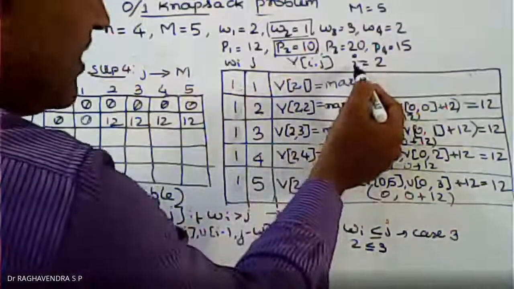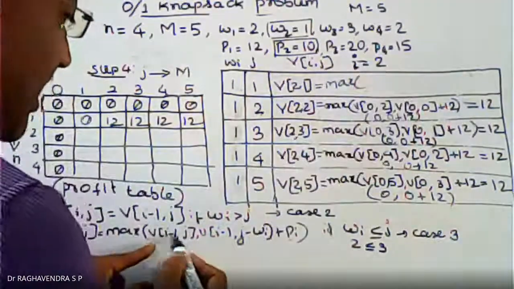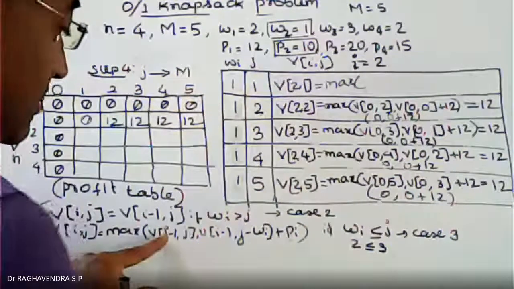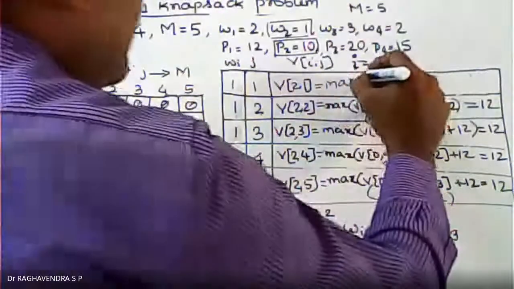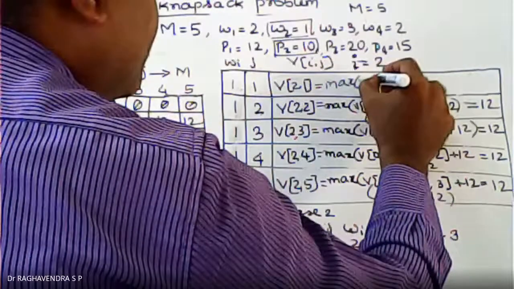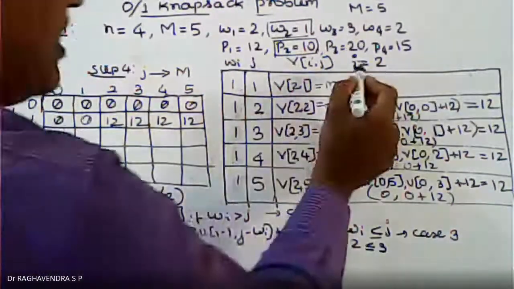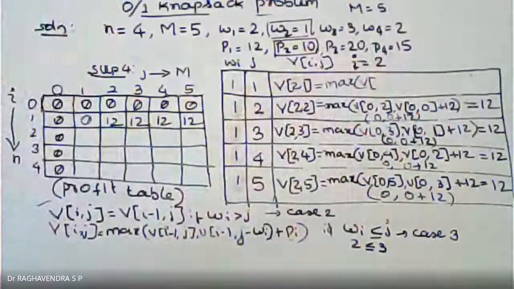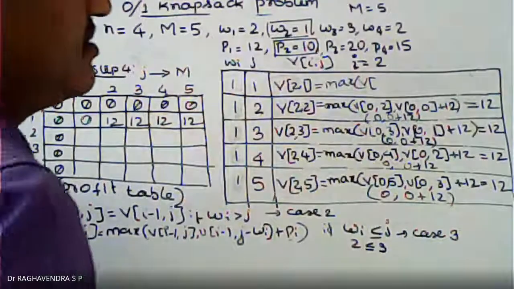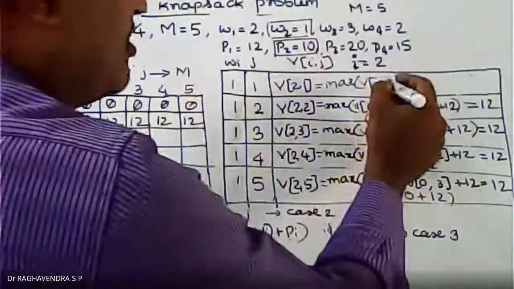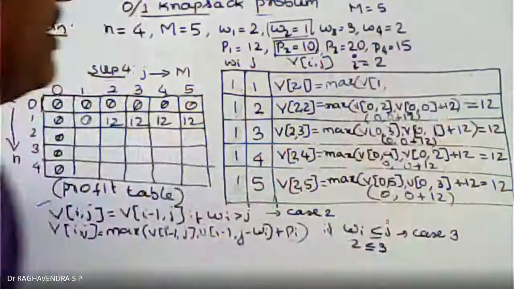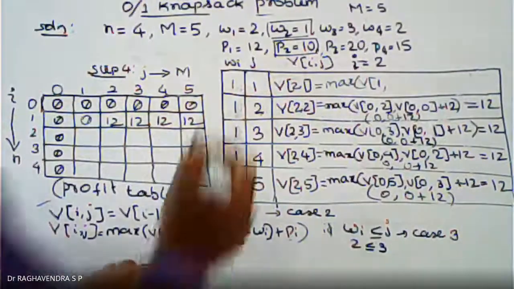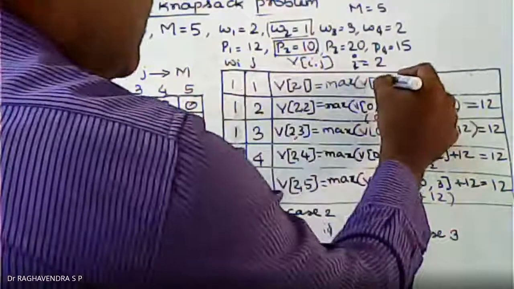What is I? I is equal to 2. 2 minus 1 is 1. Next, J value is here. It is 1.